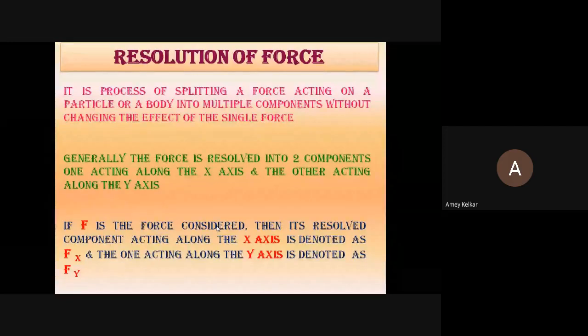Resolution is a process of splitting up a force into two components, one along the x-axis and another along the y-axis. With this, we can easily solve the examples. Resolution is the process that makes finding the solution easy.